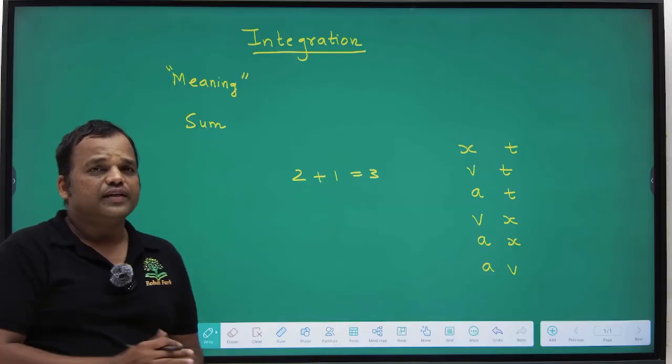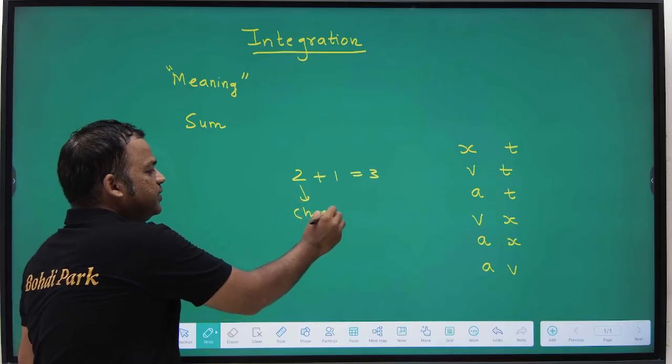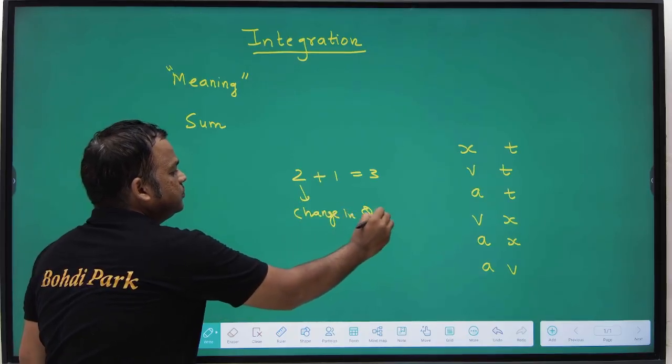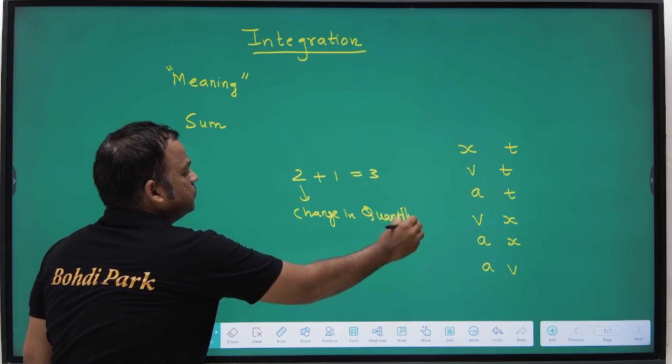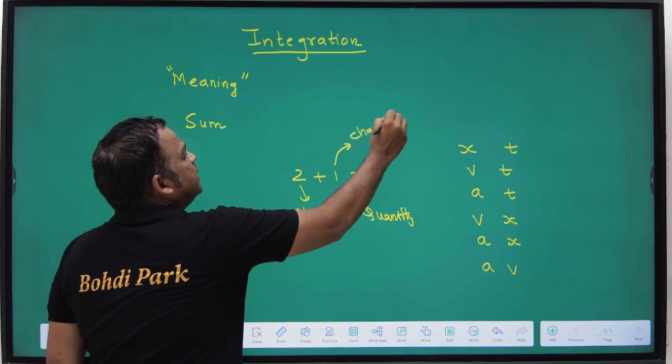What if I say that this 2 is a change in quantity and 1 is also a change in quantity?